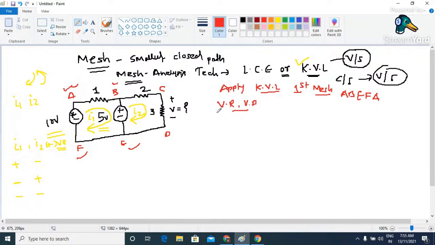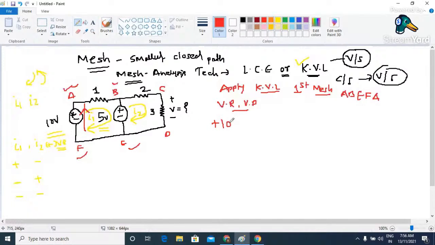When we are moving in the opposite direction of current, from negative to positive, we experience a voltage rise. So apply that logic. When we are moving through this element in clockwise direction, negative to positive, we experience a rise. So this is going to be plus 10.